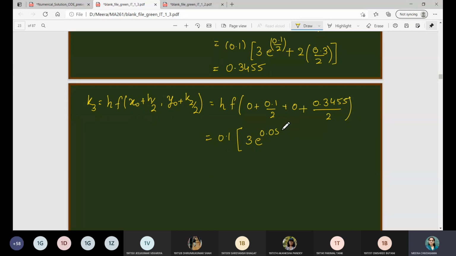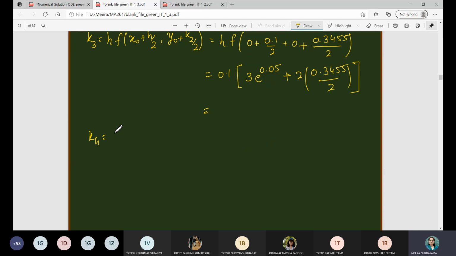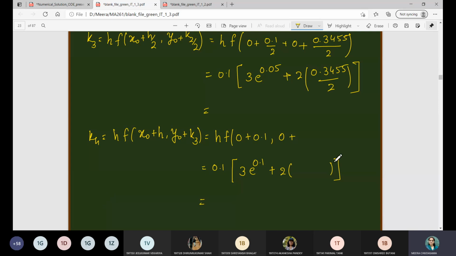Fine. So it will be 0.05. I will write 0.1 by 2 plus 2 into 0.3455 by 2. Compute this one also. 0.3500. 3500.